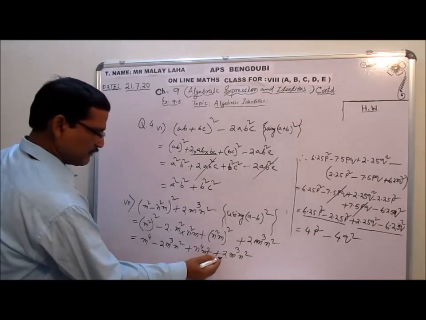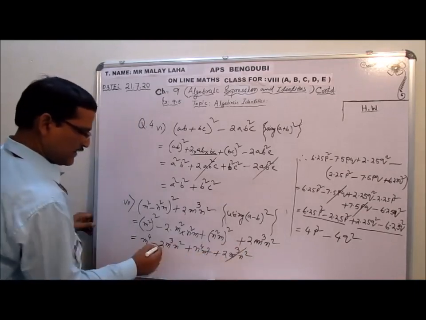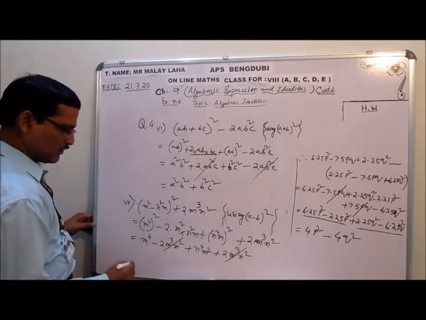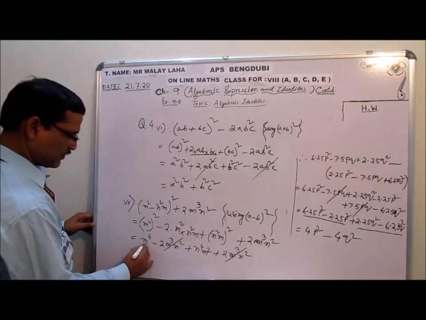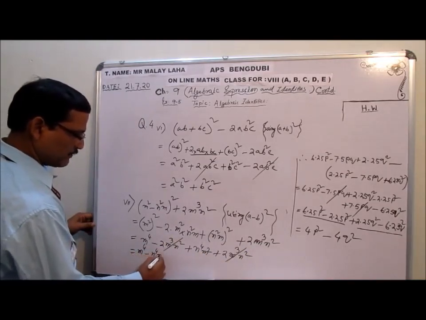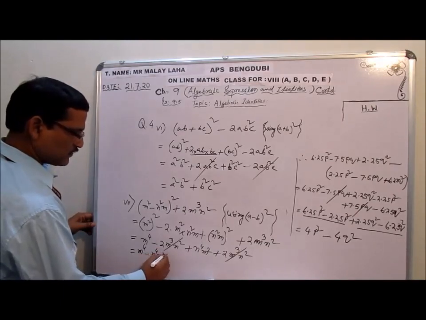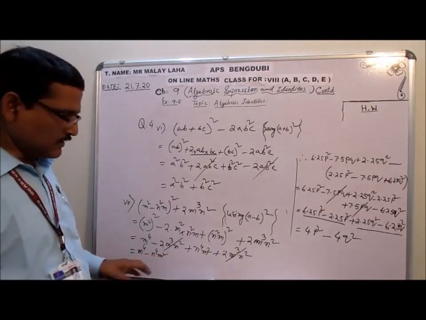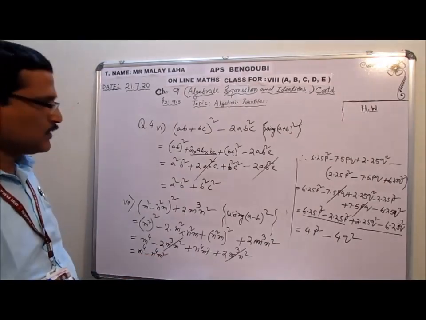The plus and minus twice m cube n square get cancelled. What is left is m raised to 4 plus n raised to 4 m square. This is the answer.